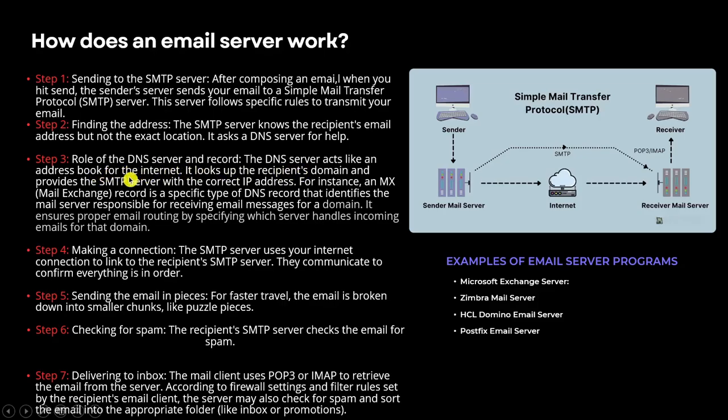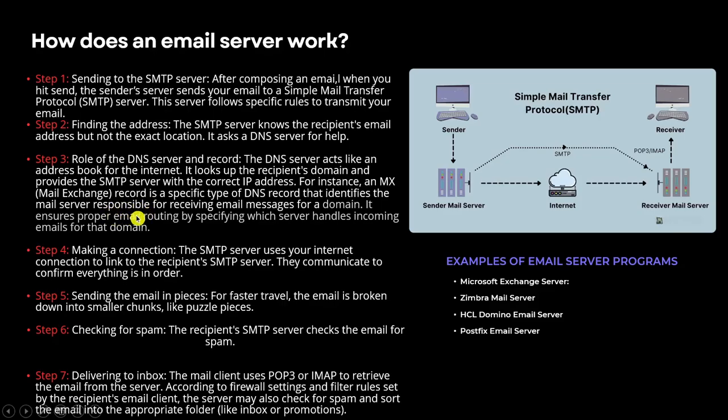The DNS server acts like an address book for the internet, looking up the recipient domain and the correct IP address of the SMTP server. For instance, the MX record is used for this type of DNS lookup, and we'll discuss this MX record later. The MX record is the heart of SMTP email. Generally we need to publish this MX record on the DNS side. Once the MX record is found, the mail server knows where to send.